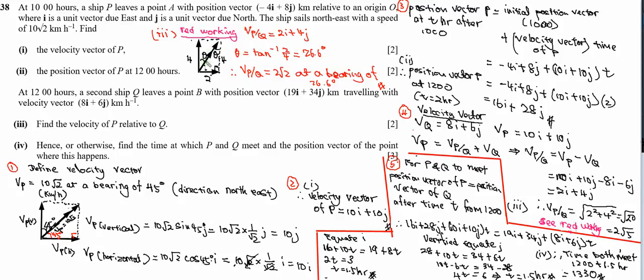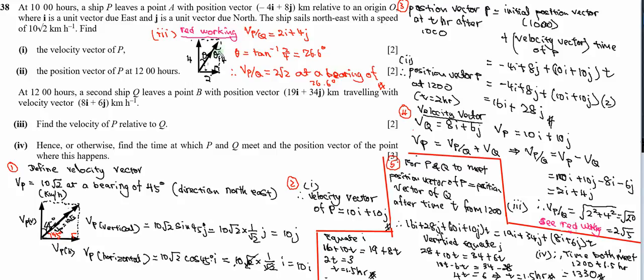This is the velocity of P relative to Q, and it can be split into two velocities, which are 4J and 2I. The angle can be calculated using the 4 and the 2. If you want the bearing of this relative velocity of P relative to Q, then you have to take this bearing.